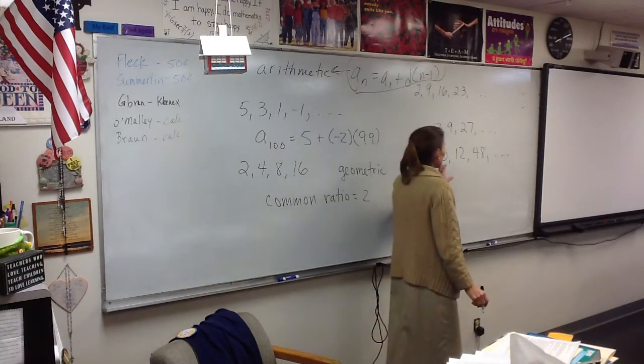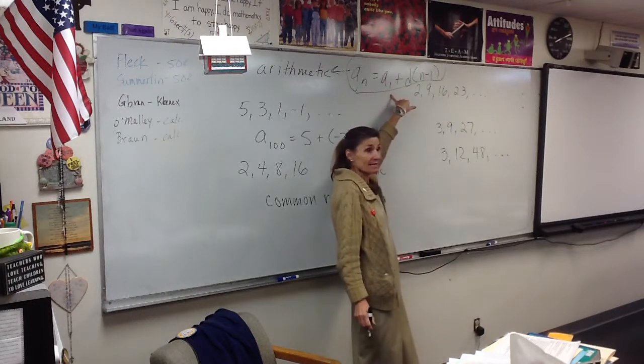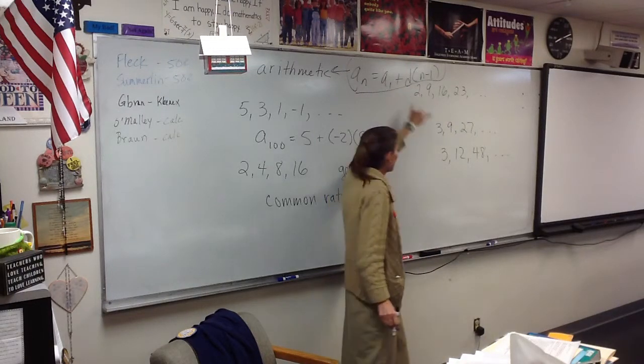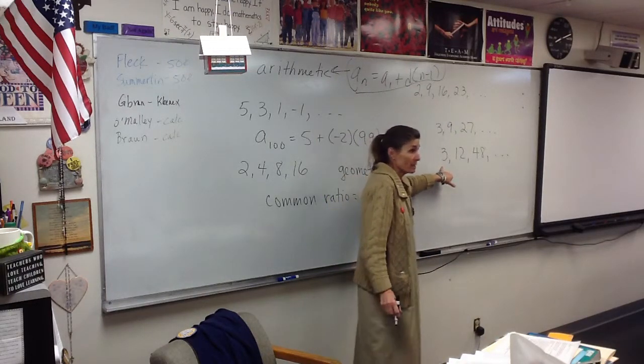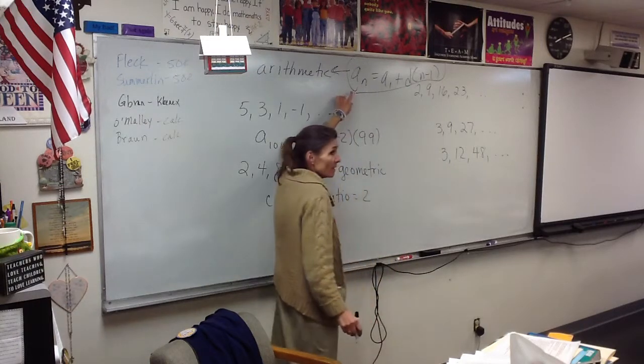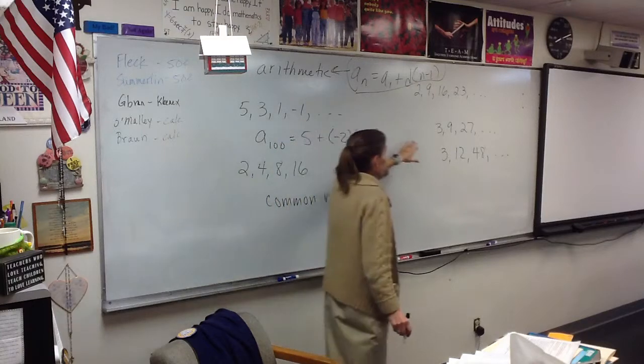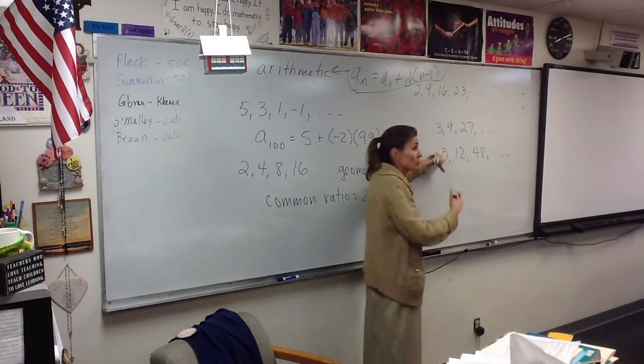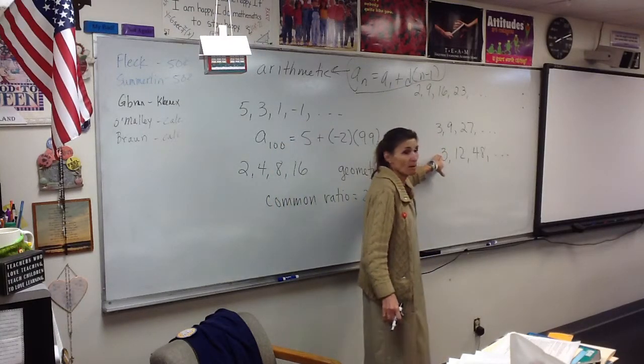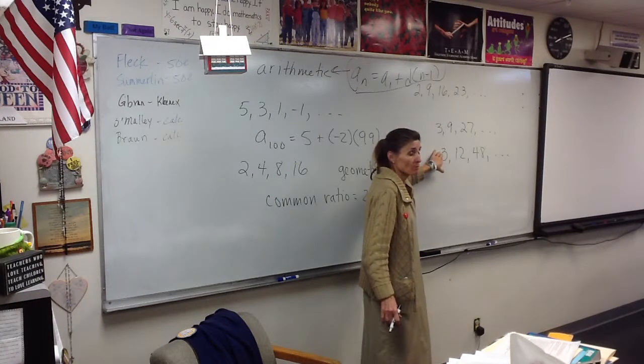Now, I wonder if there's a formula that would work for geometric. Keep in mind, that formula is only going to work if the sequence is arithmetic. So, if I want to find the 100th term of this guy, which by the way would be pretty big, I wonder if there's a formula.